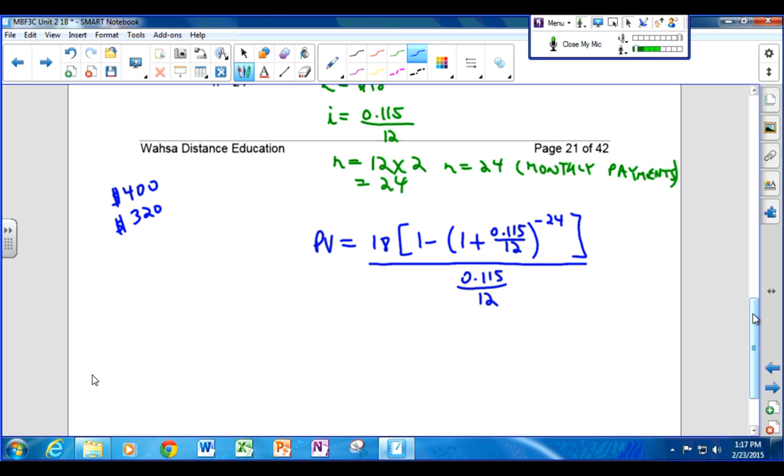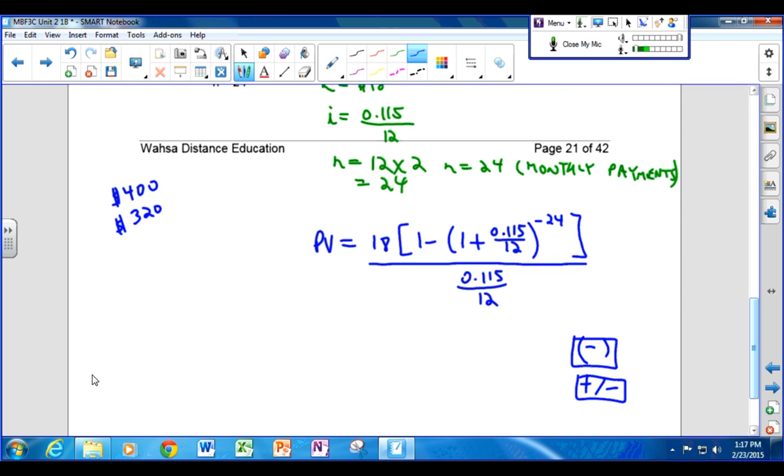All right, 0.115 divided by 12, plus 1, to the exponent negative 24. Now, just to make it clear, on my calculator I have a little negative button. Other calculators have a plus-minus button.